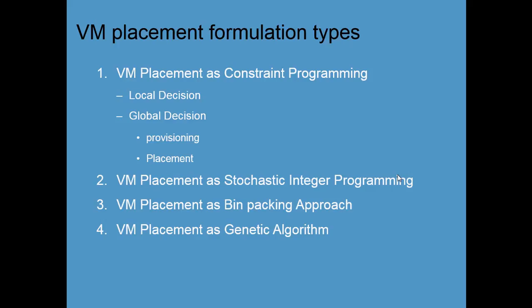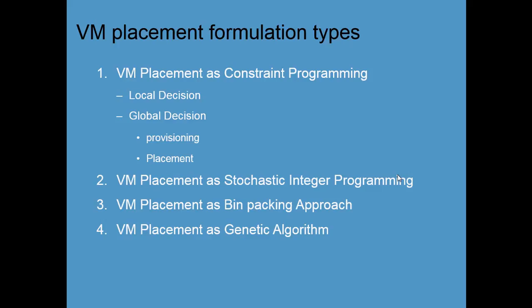This module involves two phases, provisioning and placement. The provisioning phase aims to find the virtual machine allocation list for each application environment and simultaneously tries to maximize the global utility value.